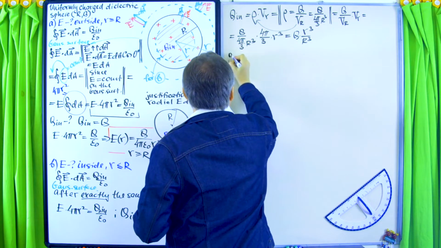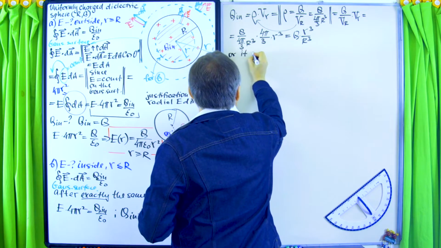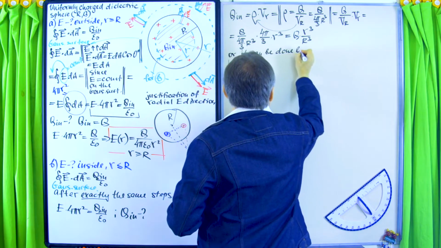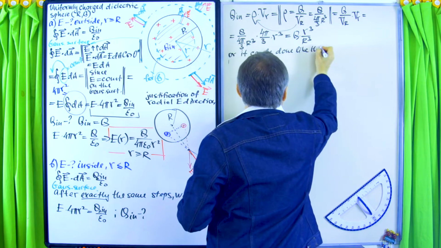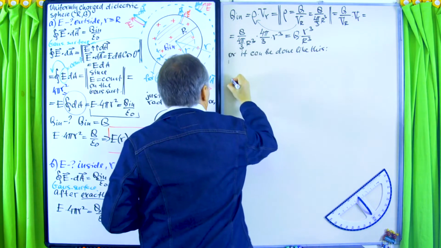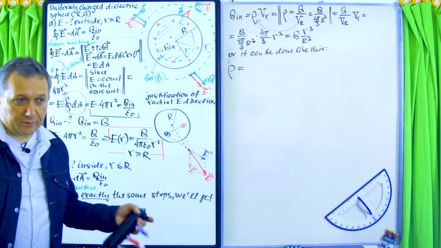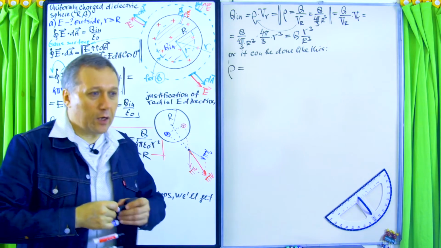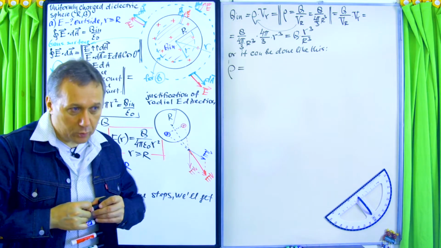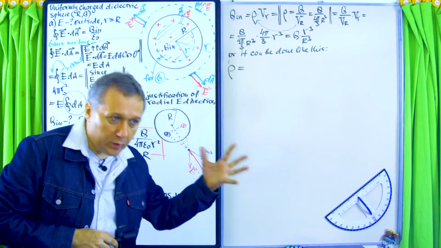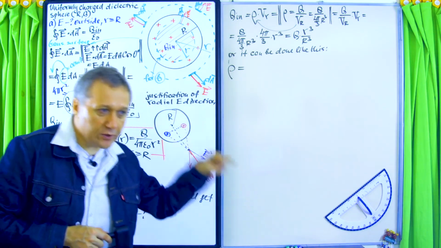Or it can be done like this. Let me write the volume charge density. Again, by definition, volume charge density is what? You take the total charge and divide it by the volume over which that charge is distributed.